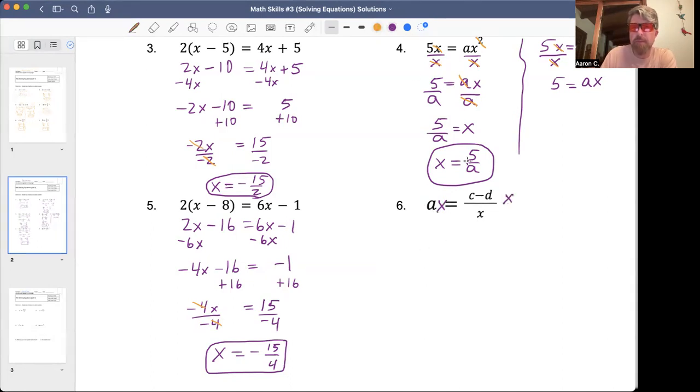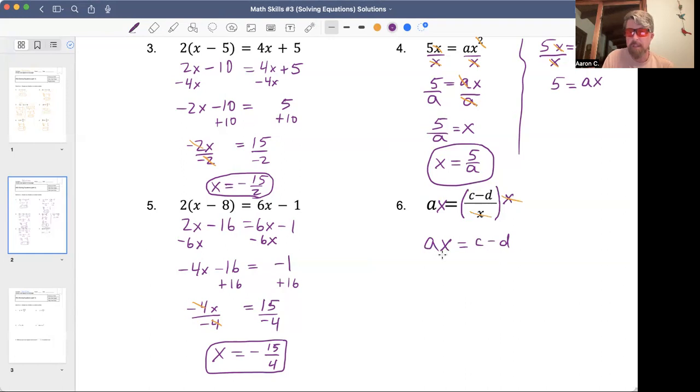And then this x cancels out with that x. It's x over x is 1. So we just have ax on the left equals c minus d. I guess if we really wanted to be careful with our writing, we could put some parentheses in here, showing that we're multiplying by x. But that's just multiplied by 1, so we just end up with c minus d over there.